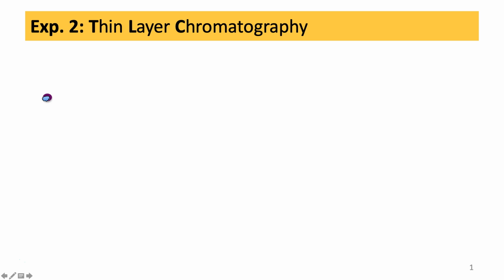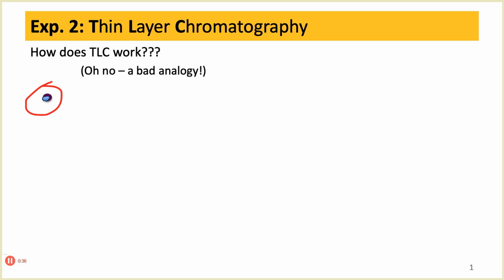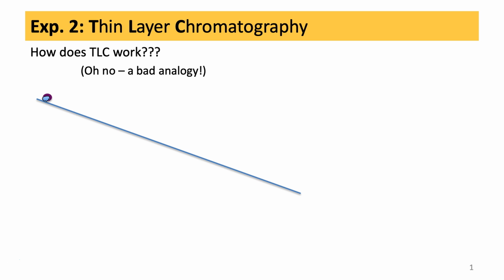And we're going to start with a bad analogy. Get used to it. All right, so the bad analogy is I have a mixture of some weird, let's just say, fuzzy balls that I can't separate. There they are. So what I'm going to do to separate them, stick with me here, is let them roll down a plank that is covered with carpet.